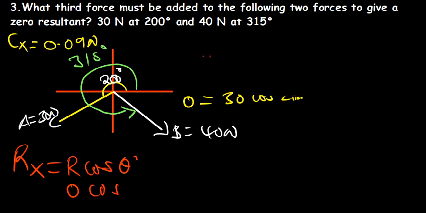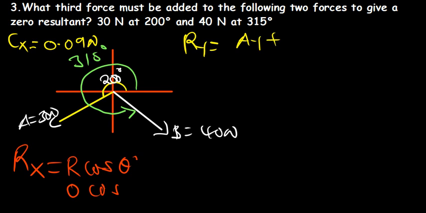Now we need to find the Cy, meaning now we go to the y component. To go in the y component, I'll use now Ry. I'll say my Ry will be equal to Ay plus By plus Cy. Since the resultant is 0, Ry will be 0.